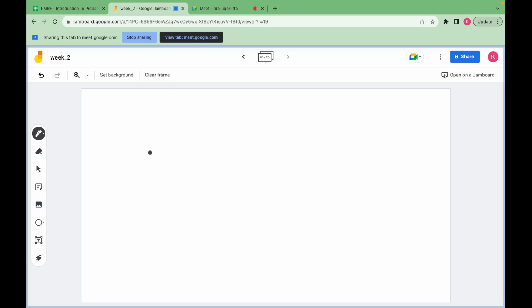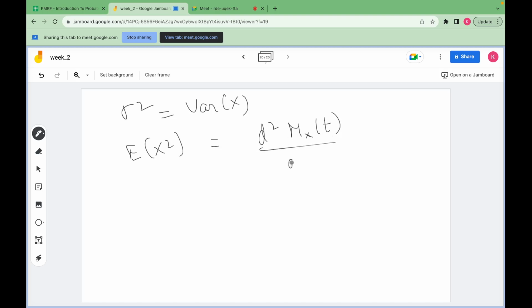Now we will find the variance, sigma square. We know that expectation of X square is nothing but the second order differentiation of the moment generating function and then putting t equals to 0.